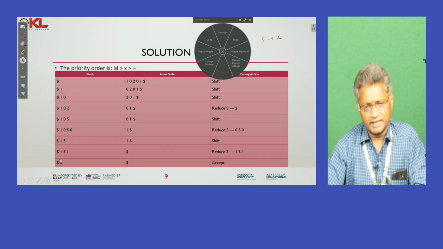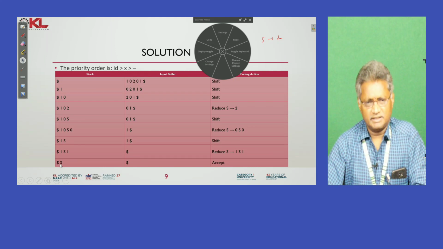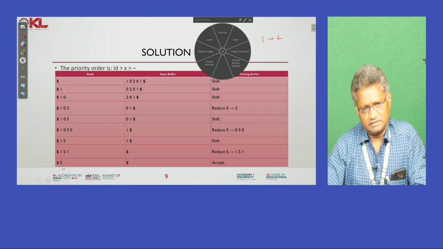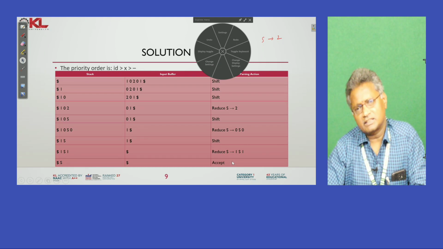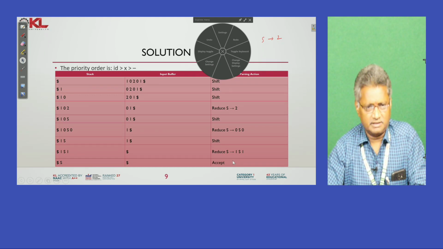Ultimately the stack contains the dollar and the starting symbol S, which is the accept state. This means the string is accepted by the parser, that is, the parsing of the string is completed successfully.